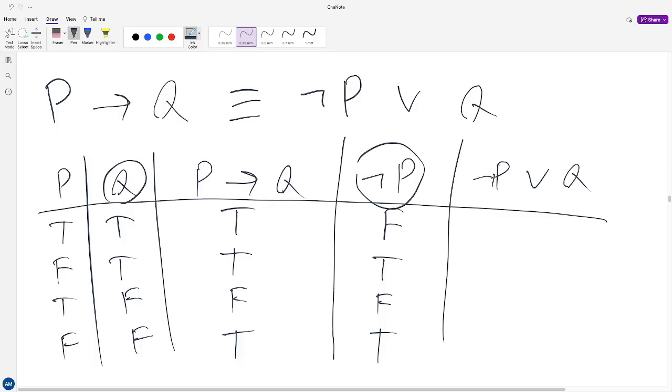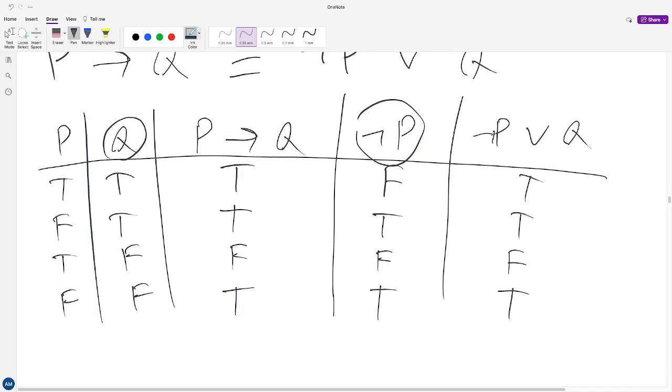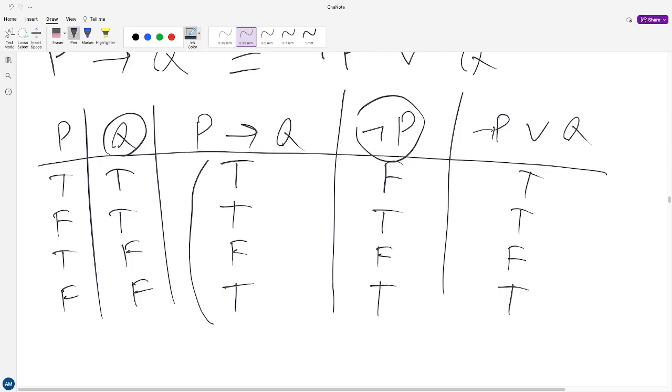In this case it's true here, false here, and true here. And if we look at these two columns, P implies Q and not P or Q, they're the same thing.